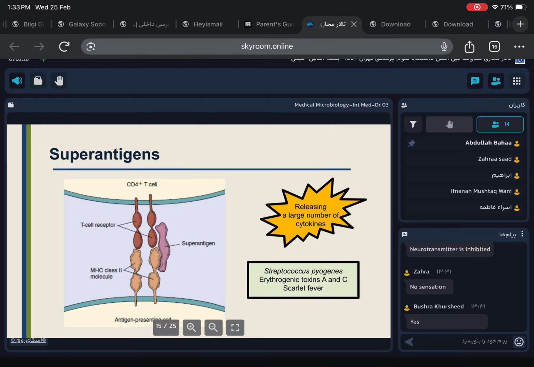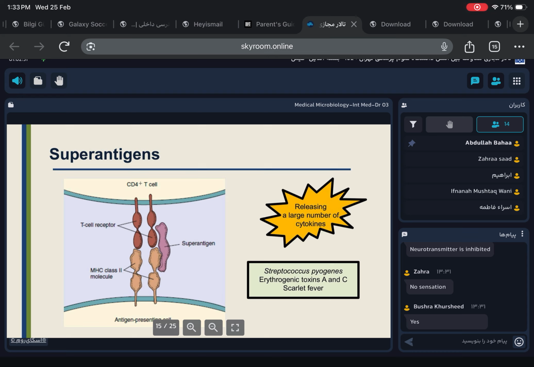So the stimulation of CD4 positive T cells is dominant, and some references say up to 20% of CD4 positive T cells get activated by the action of superantigens, and they start to produce and release a large number of different cytokines.